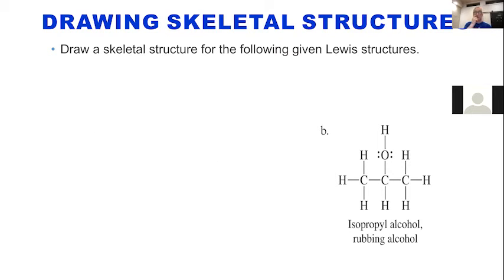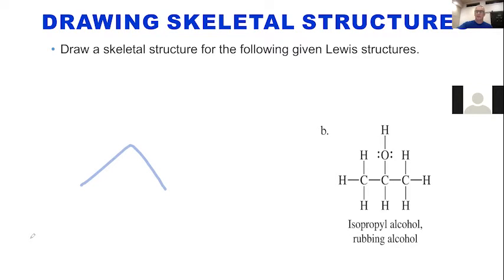Now, this is also the other one. I don't know why we bothered with this, because we just did them. So this is called isopropyl. And the reason it's called isopropyl is because 3 carbons is propane, right? So 1, 2, 3.